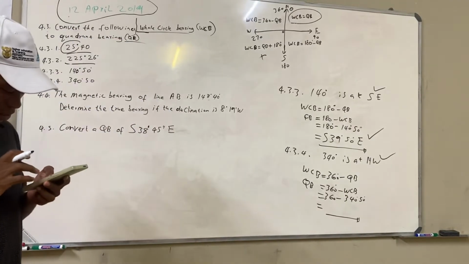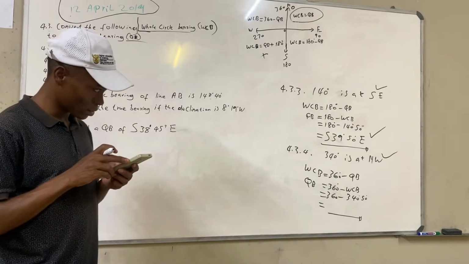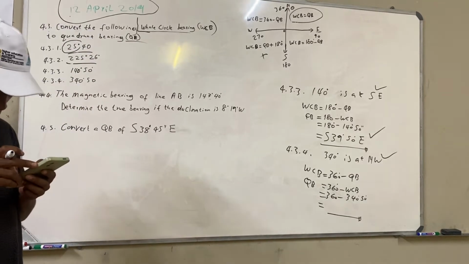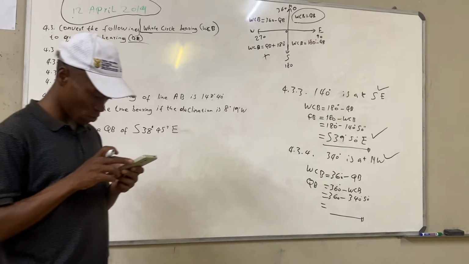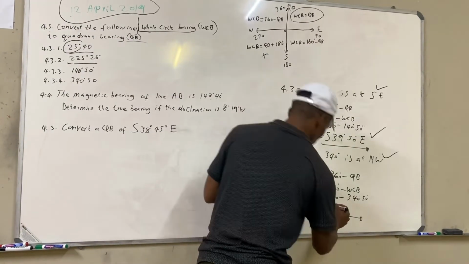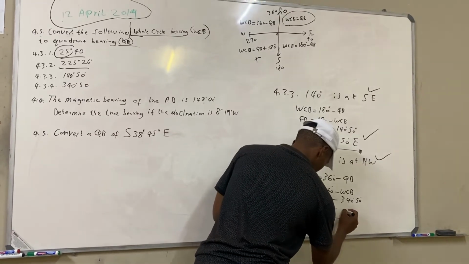Then it's 360 degrees, then subtract 340 degrees 50 minutes. So the answer is going to be what? 49 degrees 10 minutes.